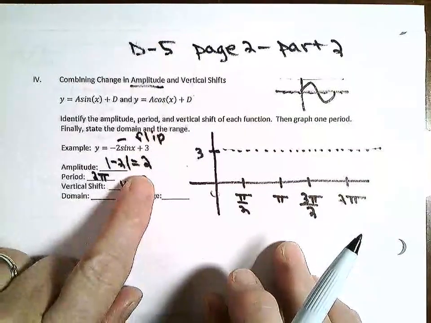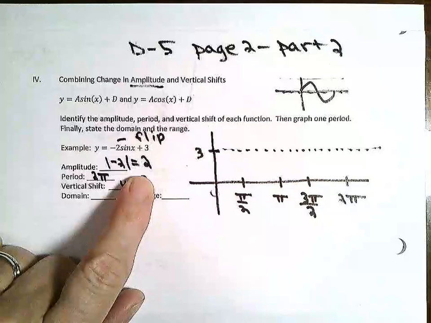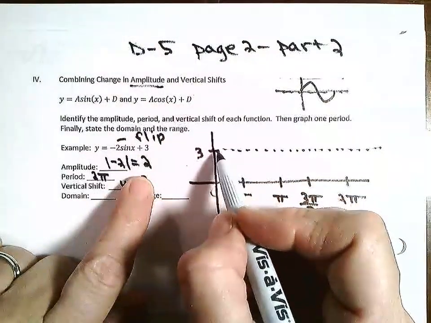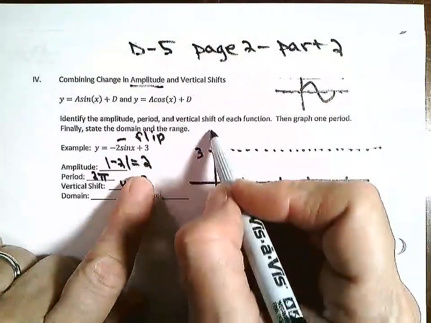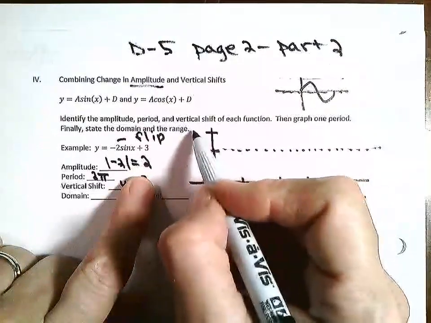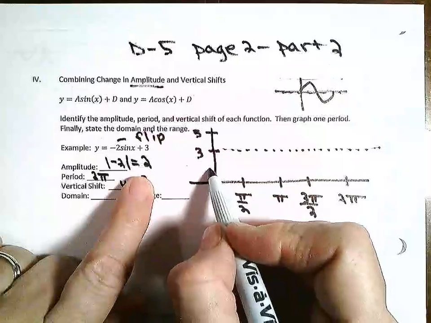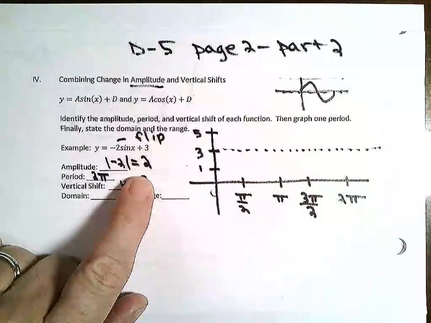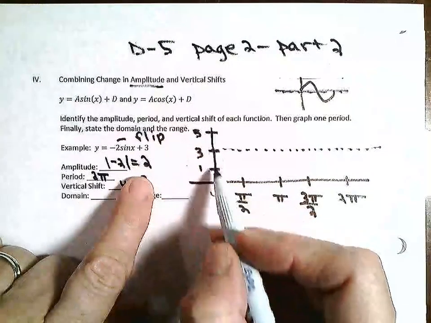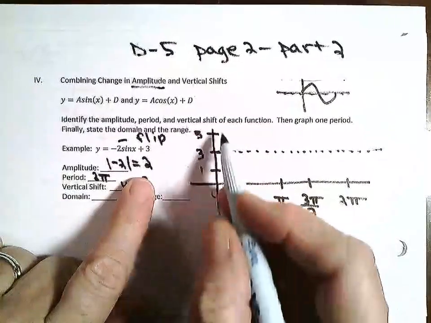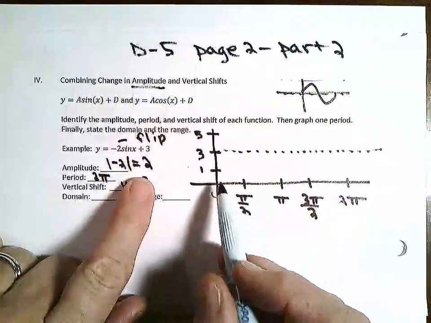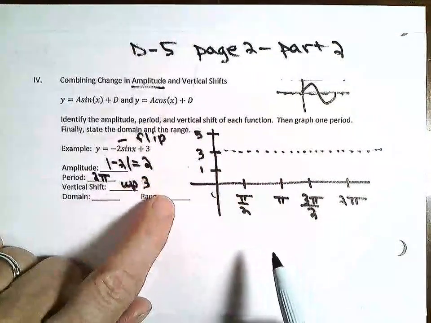Then we can take care of the amplitude. So the amplitude is 2, and what that tells us is that from that principal axis, from that midline, we can go up 2 units. So we'll be at 5, and then down 2 units, which will put us in at 1. And notice, by the way, that this is not necessarily drawn to scale, and we're not too concerned about that as long as we know the coordinates of any point on the graph.